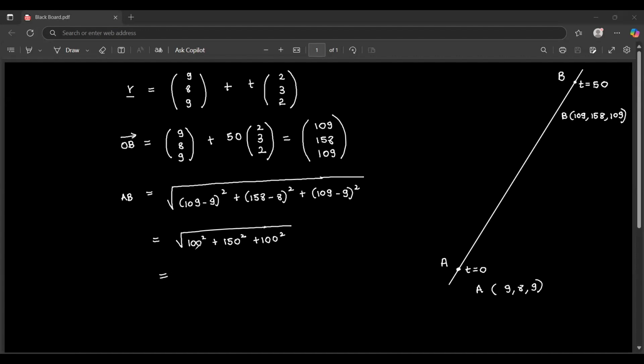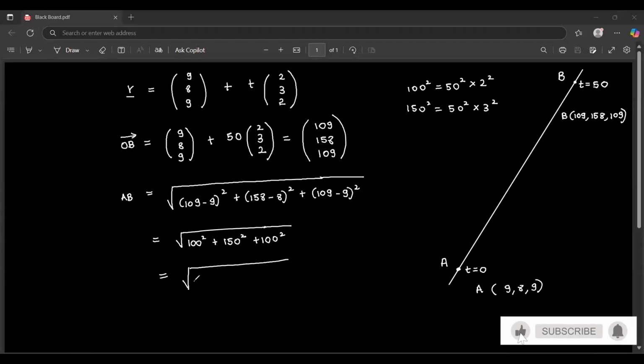100 squared can be written as 50 squared into 2 squared. Similarly, 150 squared can be written as 50 squared into 3 squared. If I take 50 squared as a common factor, that gives me 2 squared plus 3 squared plus 2 squared.